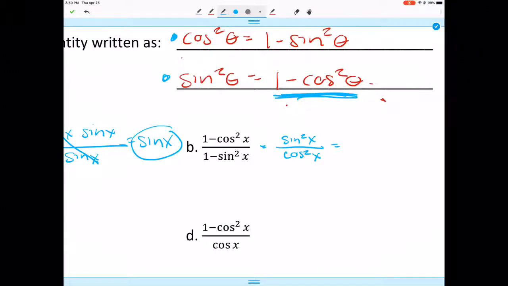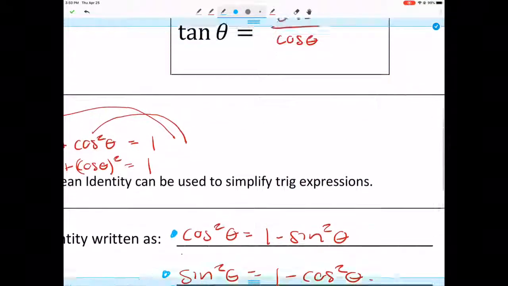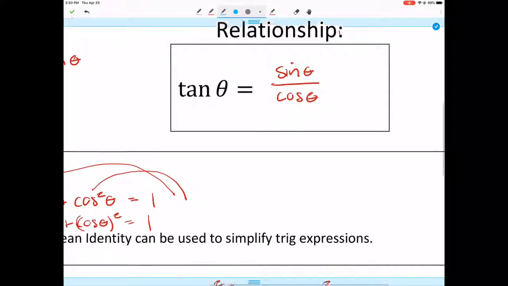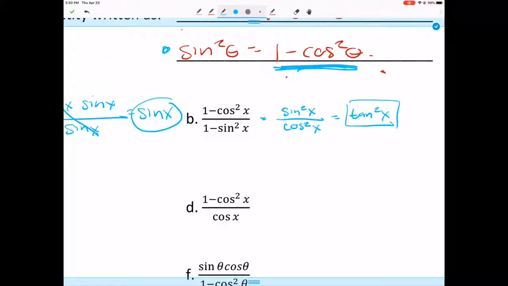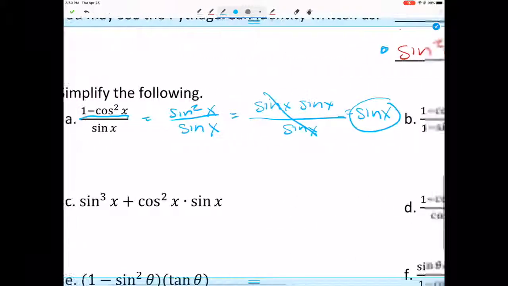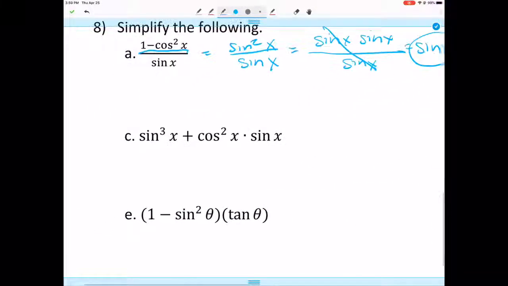And we know that sine over cosine is tangent, so this is tangent squared of x. That comes from here: tangent of theta equals sine theta over cosine theta. So sine squared of x divided by cosine squared of x is the same thing as tangent squared of x.